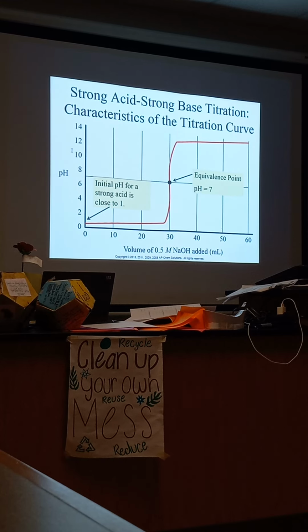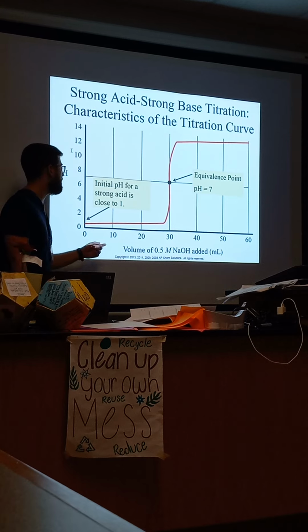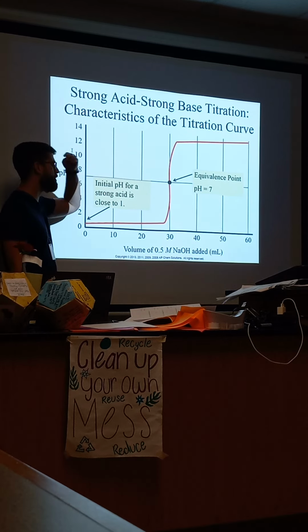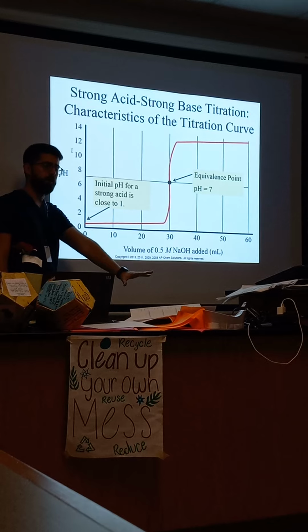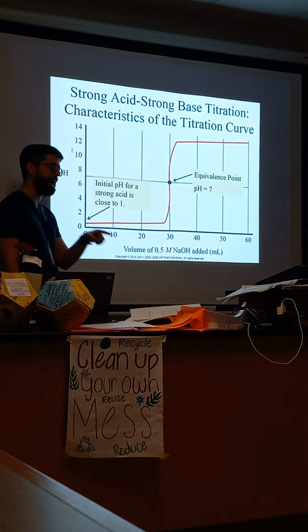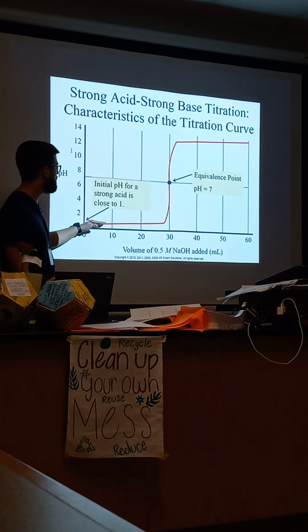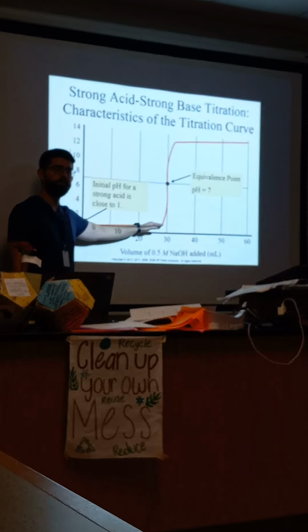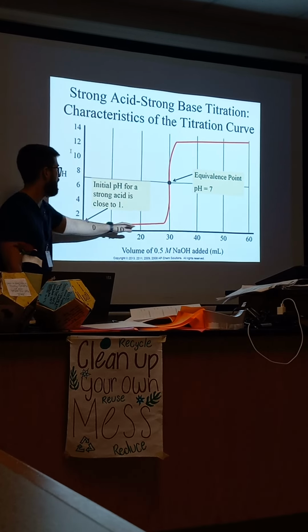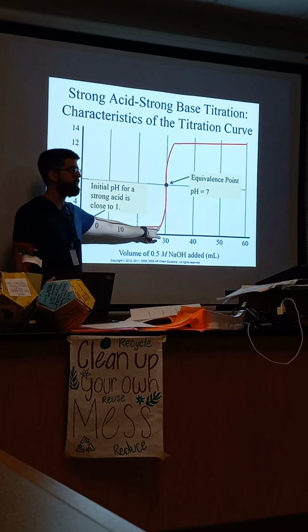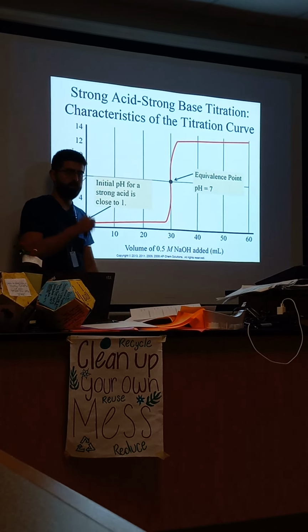So, as you guys can see, does it make sense if we're starting out below in the flask? Does it make sense if we have the acid down below, that our pH is all the way down here? And then, like he was saying, guys, what explains this sudden rise?